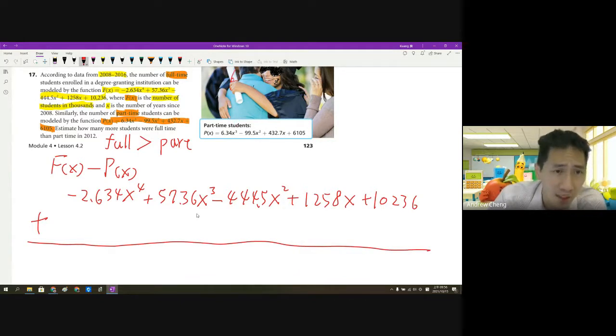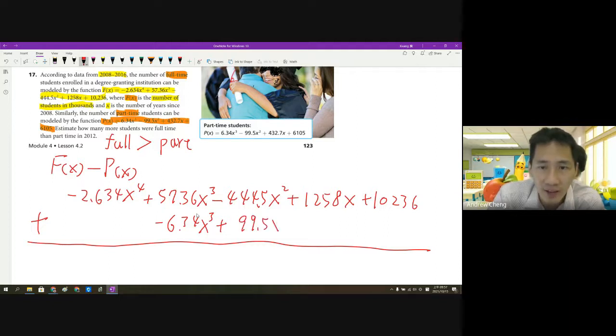So you should change sign. So it'll be negative 6.34, oh, that's x cubed. So that'll be negative 6.34x cubed. And minus becomes plus 99.5x squared.